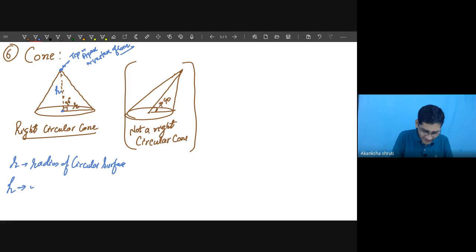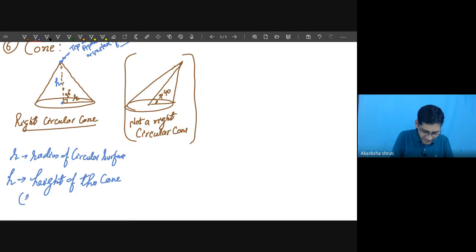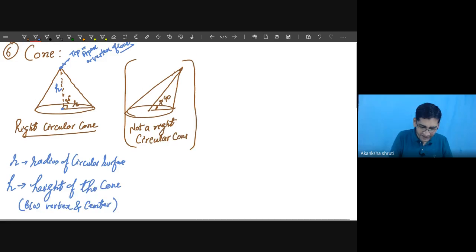It is called the height of the cone. So keep in mind, it is between the vertex and the center of the circular area. It is the second thing.